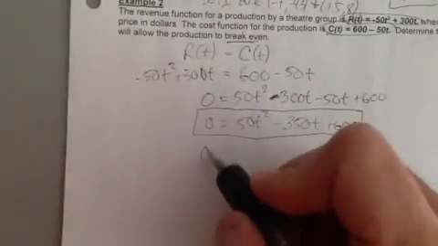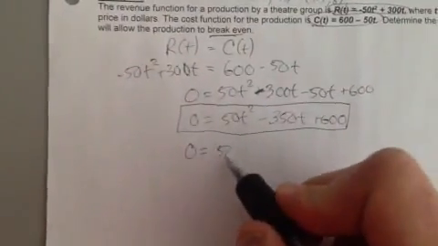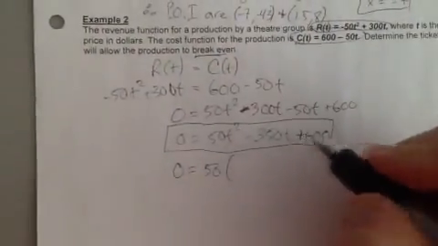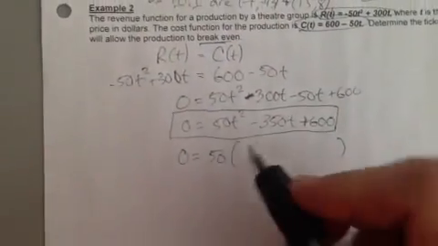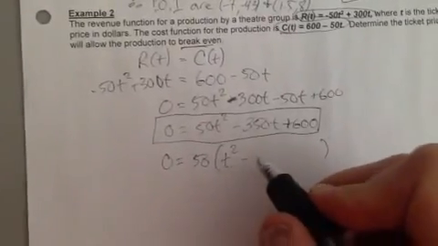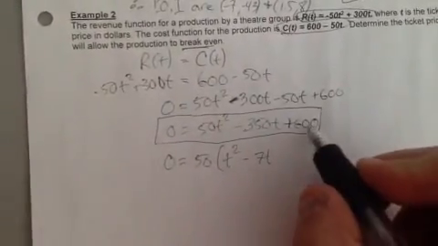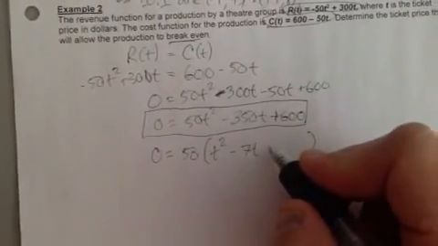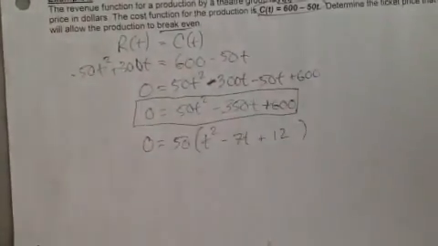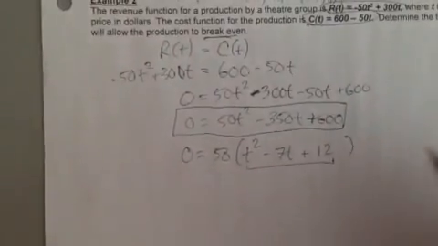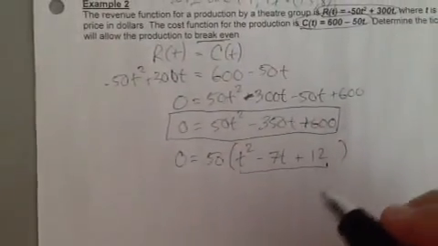So if I solve this, I'm going to try solving by factoring because that's what I always try. I can factor out actually a 50 from everything here. If I divide this thing by 50, I'm left with t squared, 350 divided by 50 is negative 7t, and 600 divided by 50 is positive 12. So then I have this simple trinomial here, and factoring that further, I'd use the product-sum integer rule.